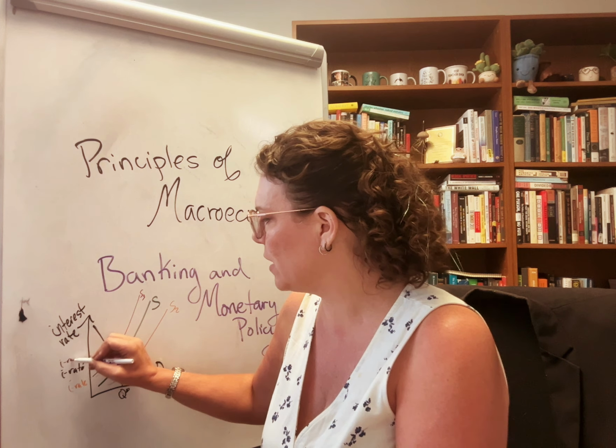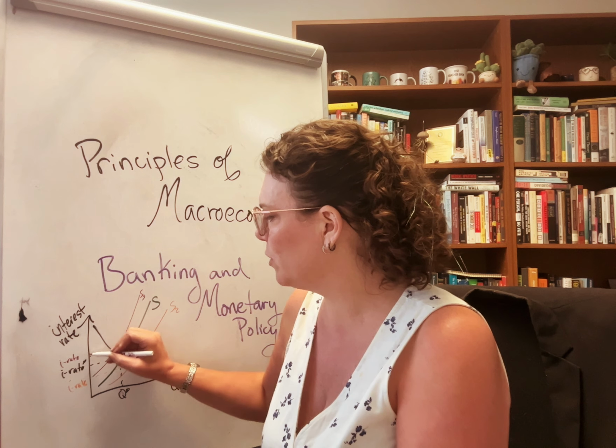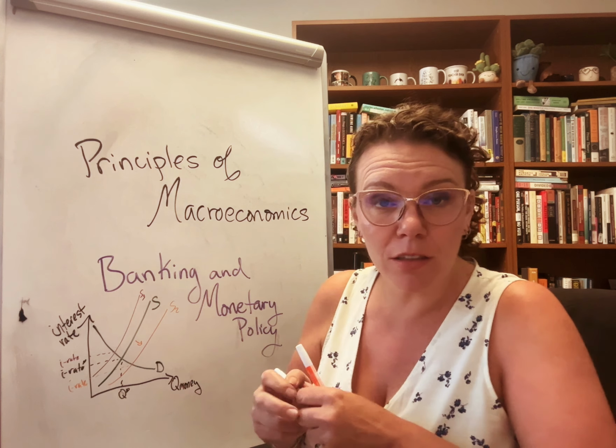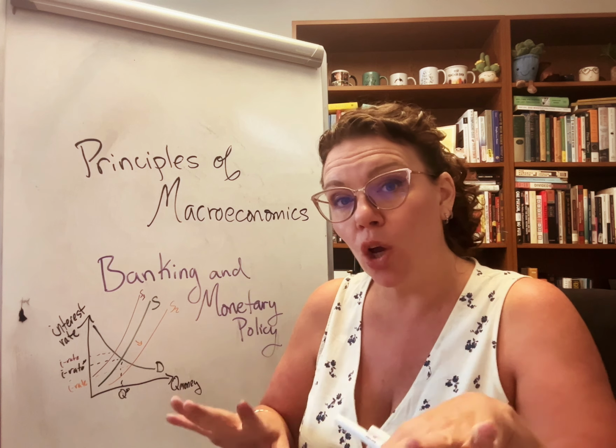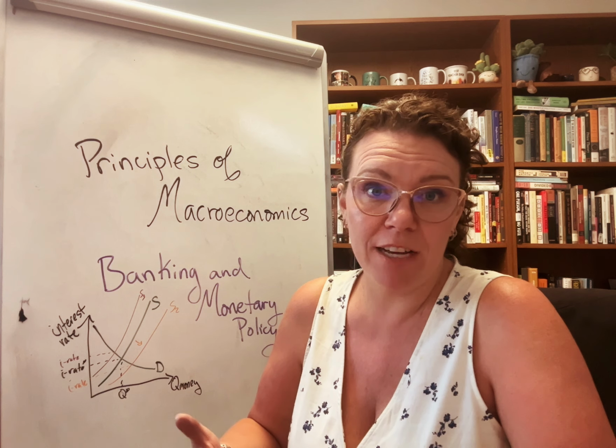And the idea here is that when interest rates are higher, there's going to be less investment spending, and when interest rates are lower, there's going to be more investment spending.